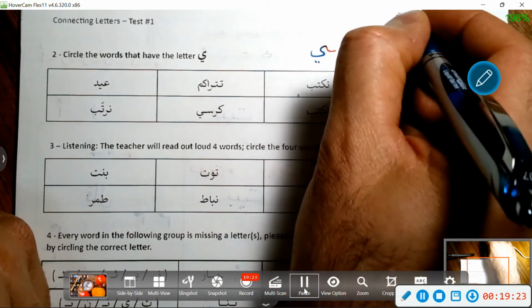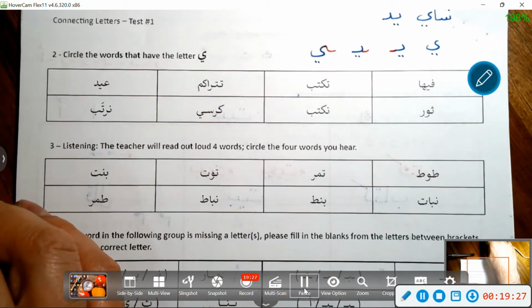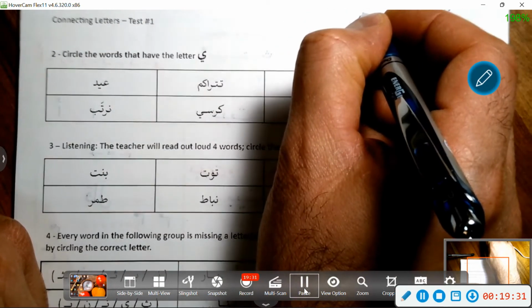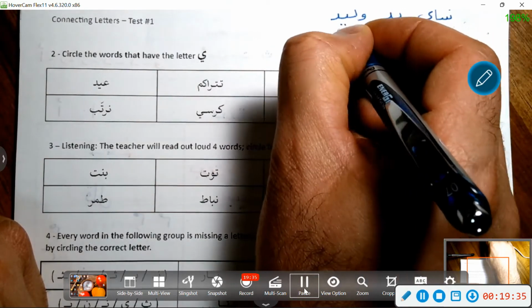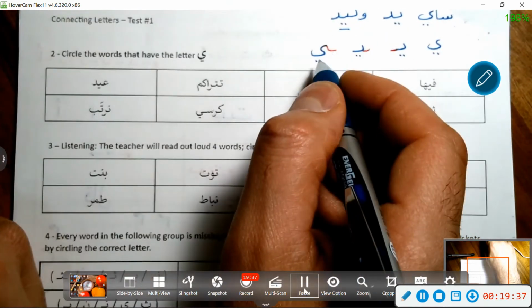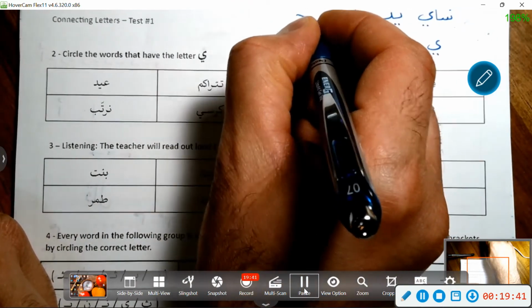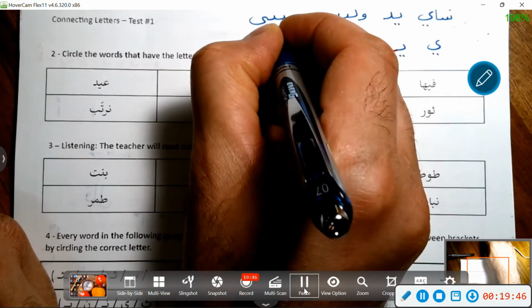In the middle, you can say Walid, that's ya. And at the end, you can say Habibi. Ha, ba, ya, ba, and the ya at the end connected to them.